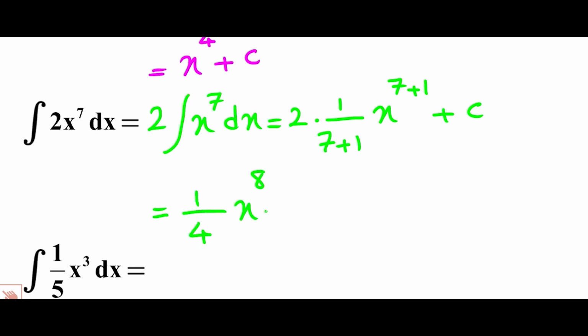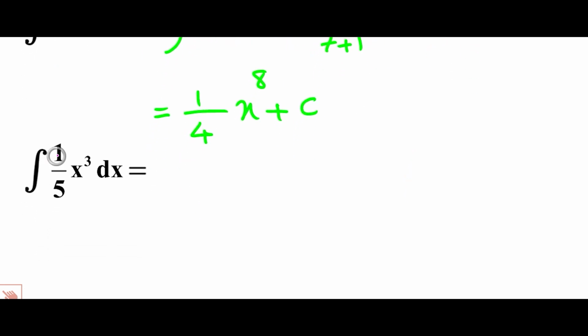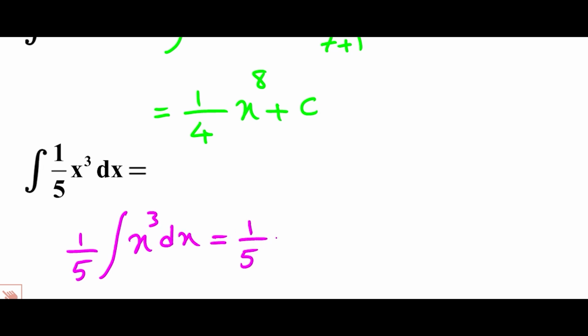Or the integral of 1 over 5x cubed dx equals 1 over 5 times the integral of x cubed dx. So we have 1 over 5 times, we use the power rule, equals 1 over 3 plus 1 x to the 3 plus 1 plus c.